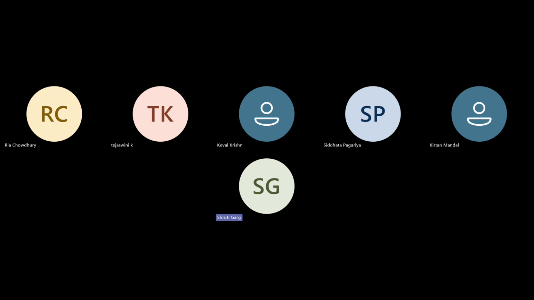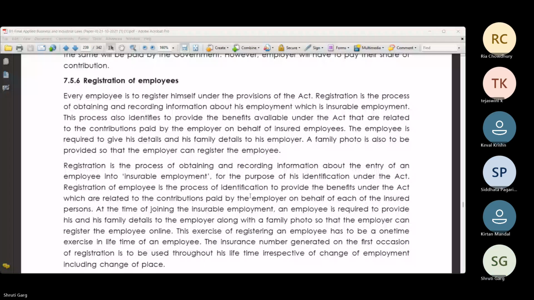Yes, registration of employees. I was telling you, every employee has to be registered under the provision of this Act. This process is completed by the organization. After registration, the employer or employee can make the contribution.